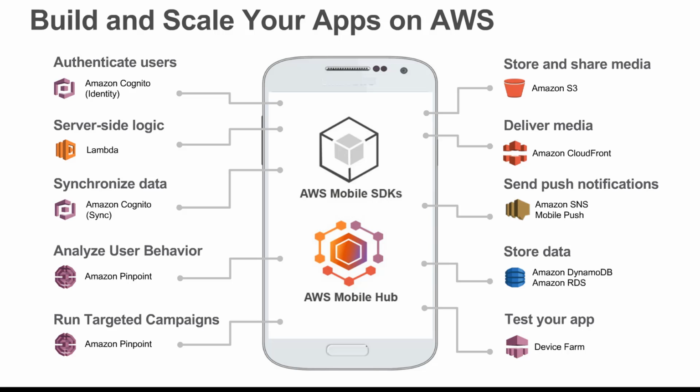Then on the right-hand side, we've got S3, where you can store and manage media. And if you want to deliver that media through a CDN, we've got Amazon CloudFront. If you're using push notifications, we've got Amazon Simple Notification Service, or SNS, to offer that service. And if you're storing data, perhaps in a NoSQL database, we've got DynamoDB.